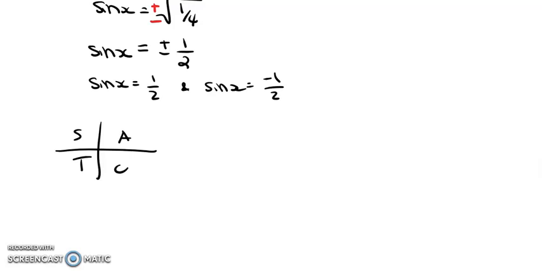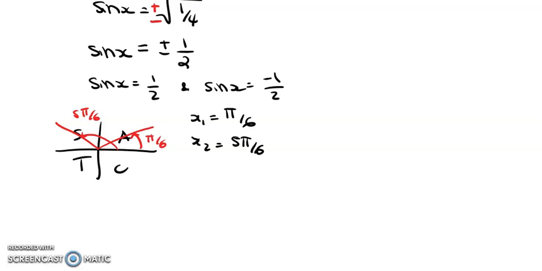Sine is equal to positive 1/2 at the 30-degree point, or pi over 6. It is also equal to positive 1/2 in quadrant 2, at 5 pi over 6, right? Because those are the quadrants where sine is positive. Makes sense. So we can say x1 is equal to pi over 6, x2 is equal to 5 pi over 6.